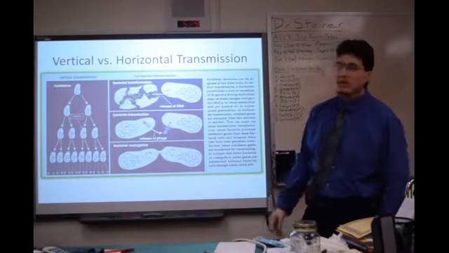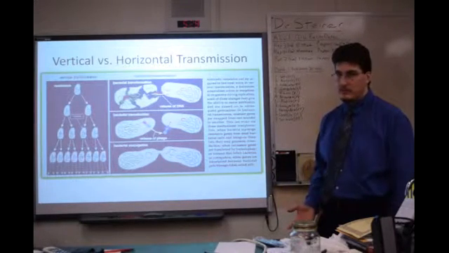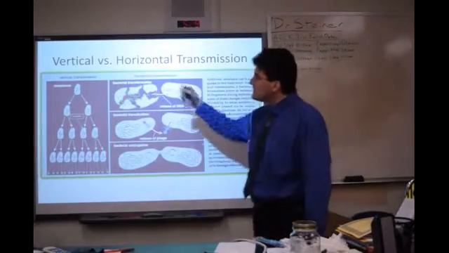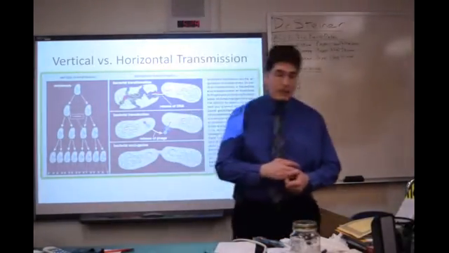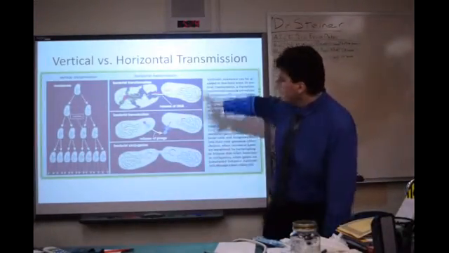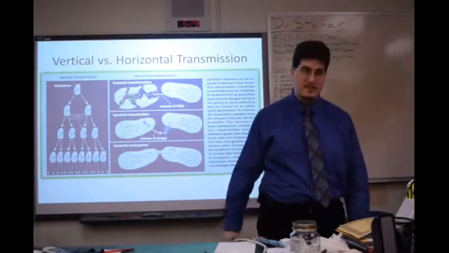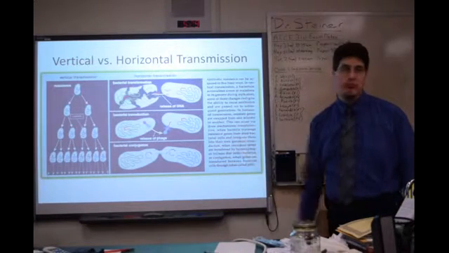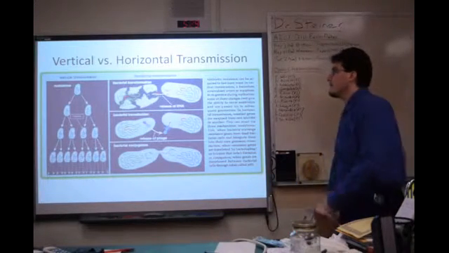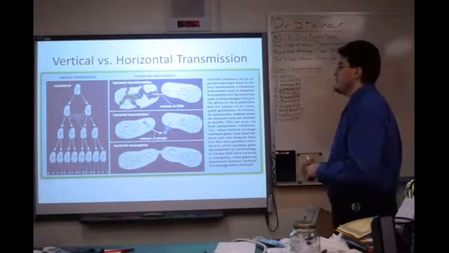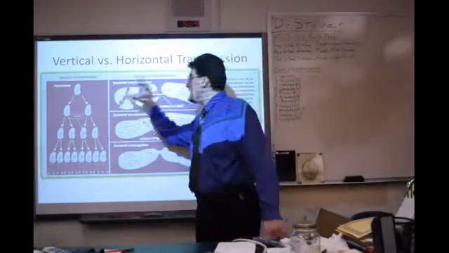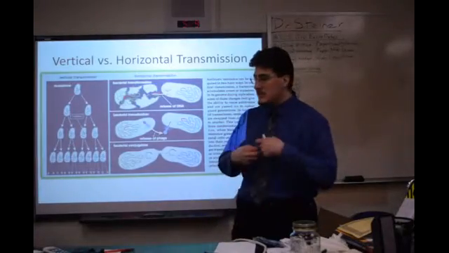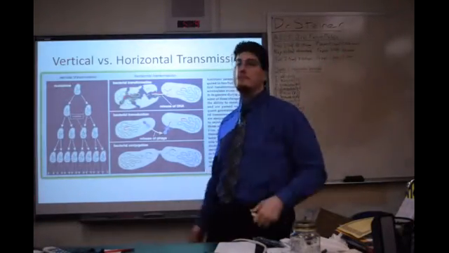Horizontal transmission can occur in one of three ways, or multiple of three ways. You have bacterial transformation. And by the way, these are ways in which you can pass plasmids. That's why plasmids are problems for us. Transformation is when this bacterium here has been killed in a particularly gruesome death. Its DNA guts are splayed all over the battlefield.